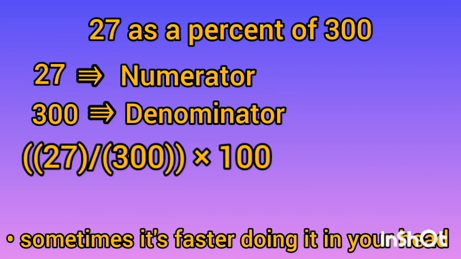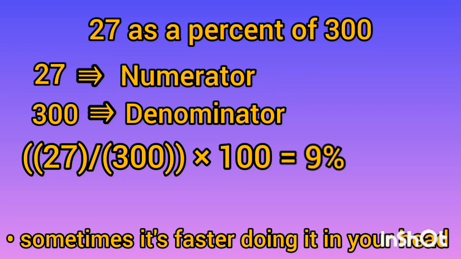So here we have 27 over 300 by 100, which gives us 9%.